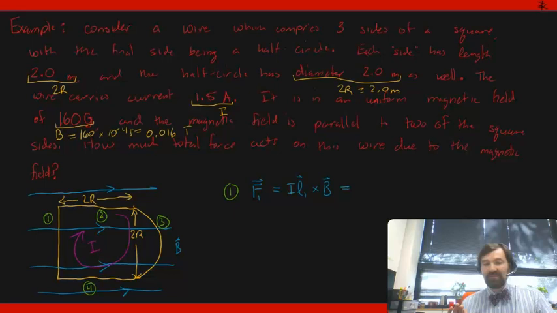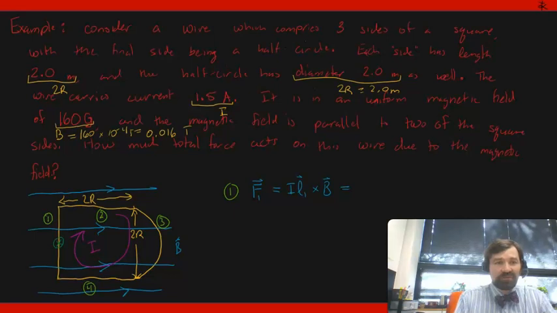And when you do that, current is up, magnetic field is to the right, you end up getting a force that's into the screen. So I'll label the force for number 1 in a darker green. That force is into the screen.